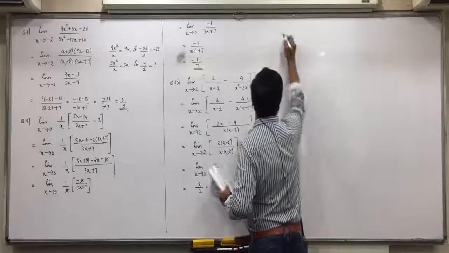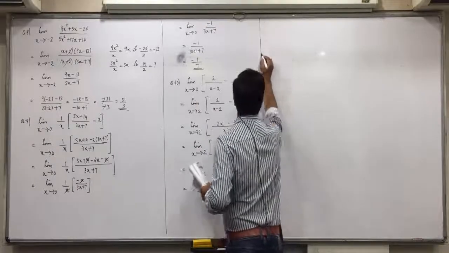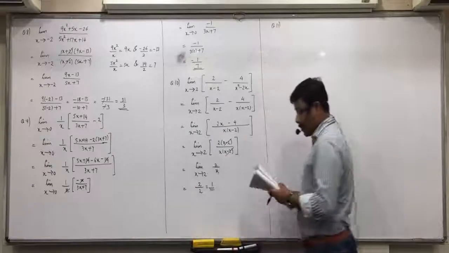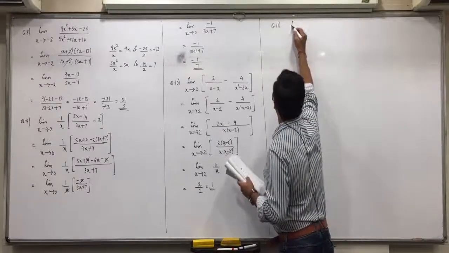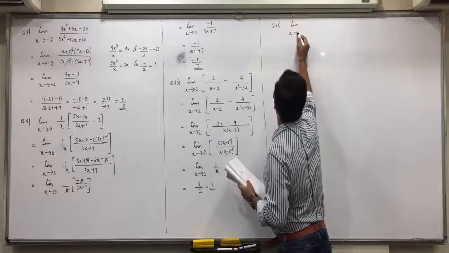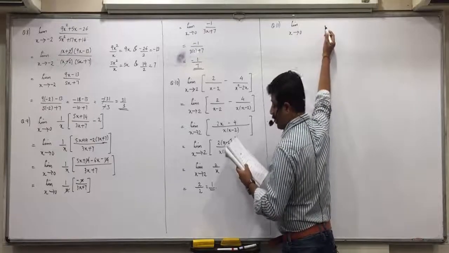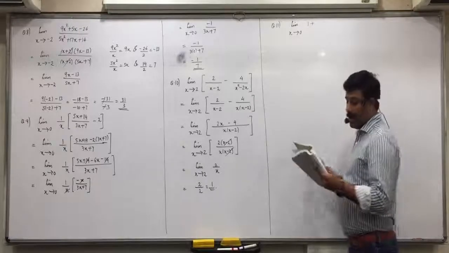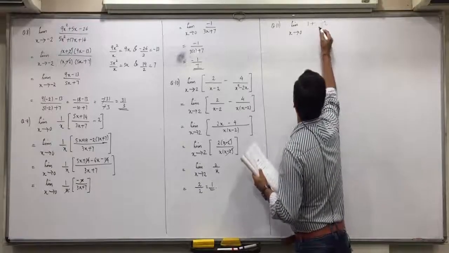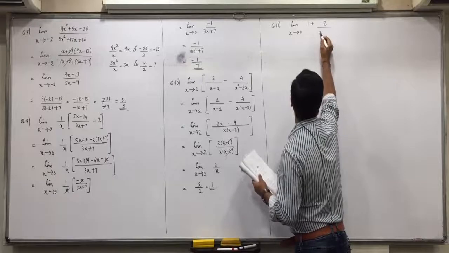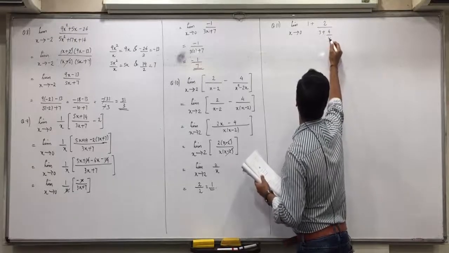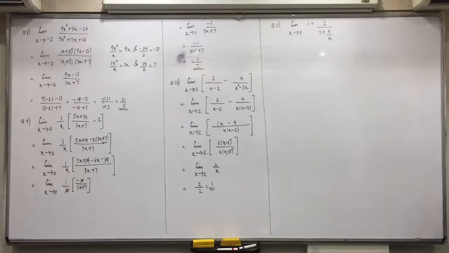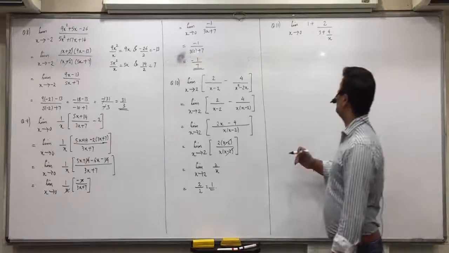Question 11. Limit x tends to 0, 1 plus 2 divided by 3 plus 4 divided by x.